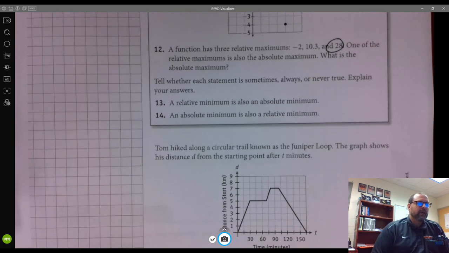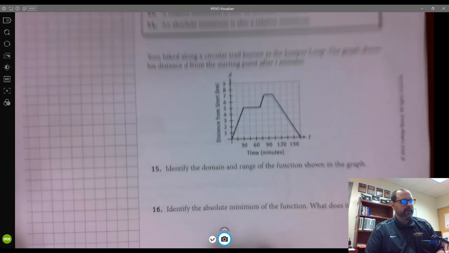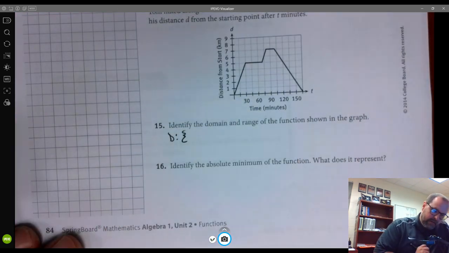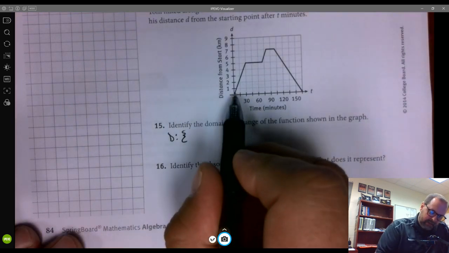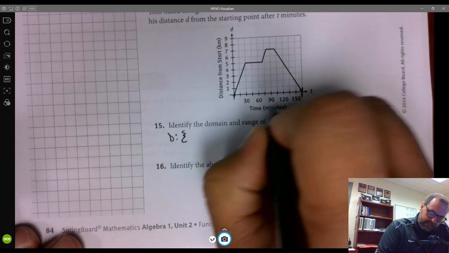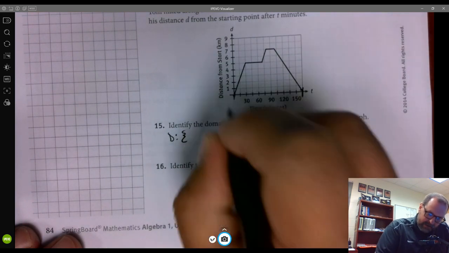All right, let's go down to time hiking. The Juniper Loop. The graph shows his distance from starting point. So let's start with domain and range. Okay, so for my domain, I am looking at where do the x's start, where do they end. Now, it just happens they both intersect the x-axis. That will not always be the case, but they do here.